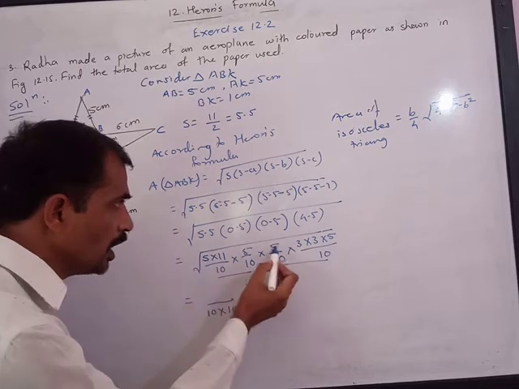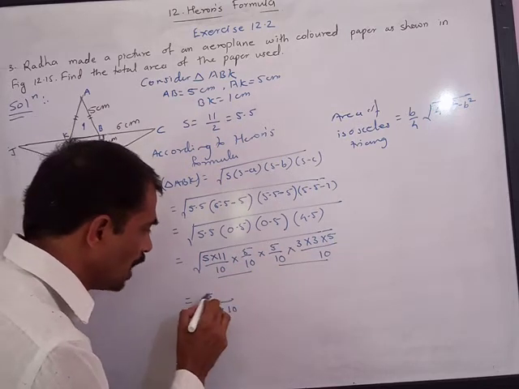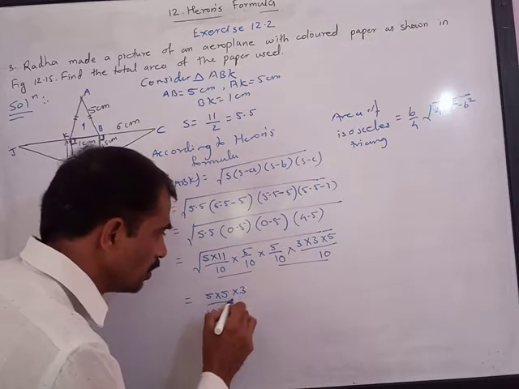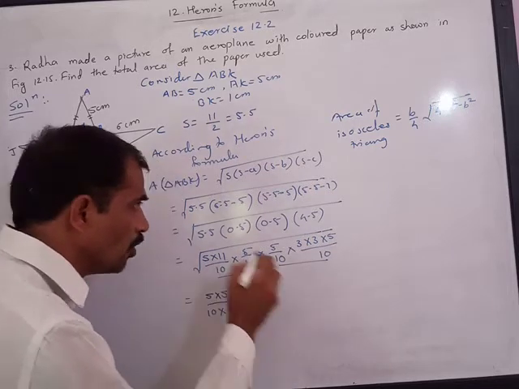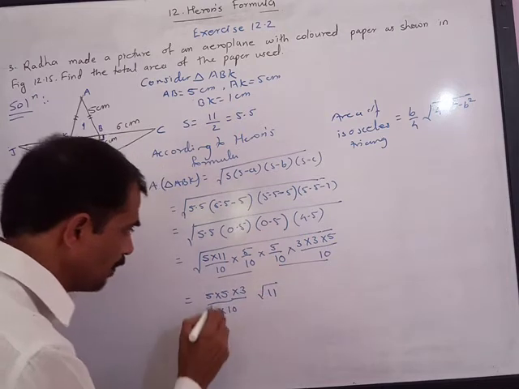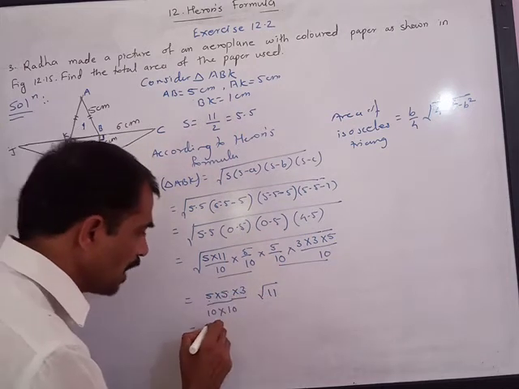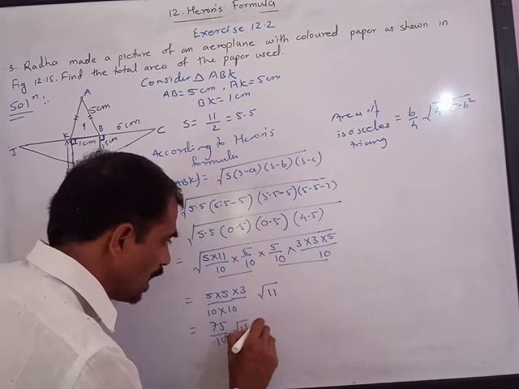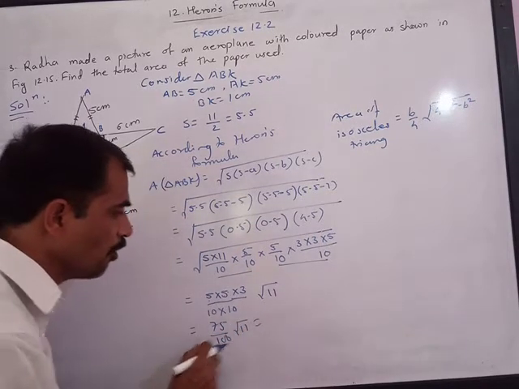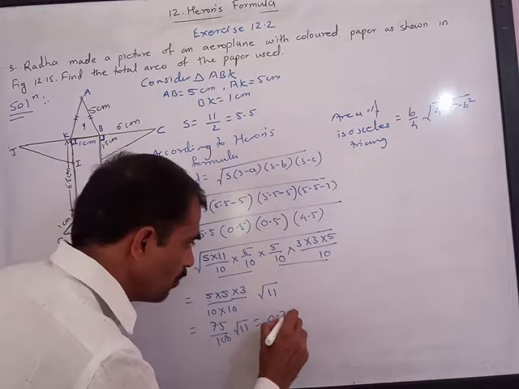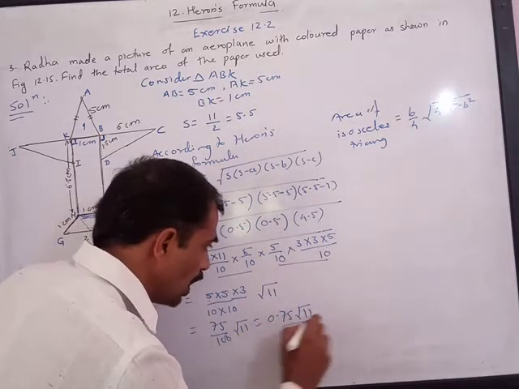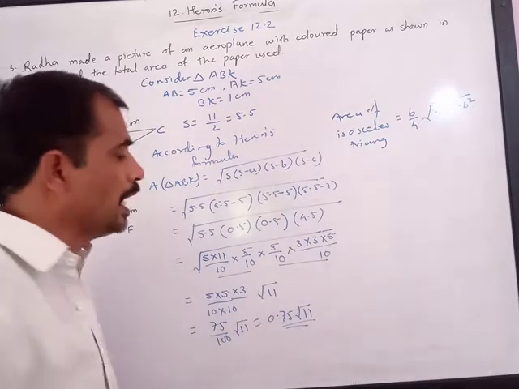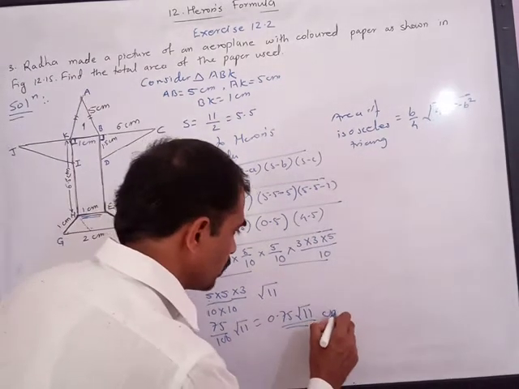There are 4 fives, so they will come out as 2 fives. There are 2 threes, so 1 will come out. And under root you will have only 11. So the answer is 5 fives are 25, 3 fives are 75 upon 100 root 11. So that is equal to 3 upon 4 or 0.75 root 11. So area of triangle ABK is equal to 0.75 root 11 centimeter square.